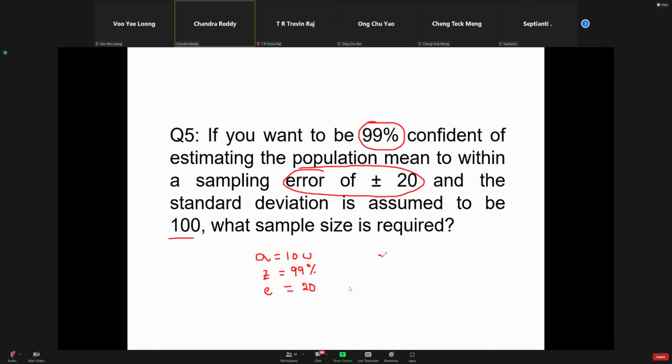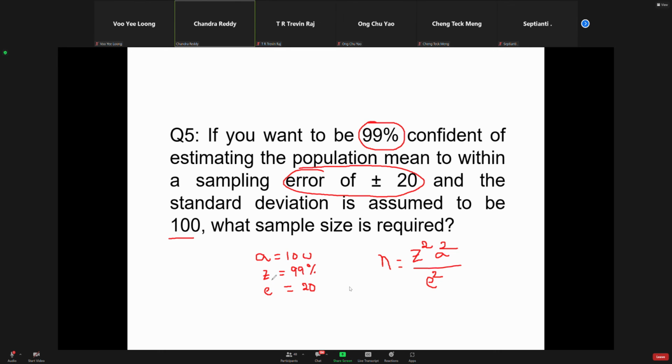So we have to use the sample size formula. In this case, the standard deviation is given, and we are dealing with the population mean, so we can use the Z statistic and the population standard deviation over the sampling error, squared.